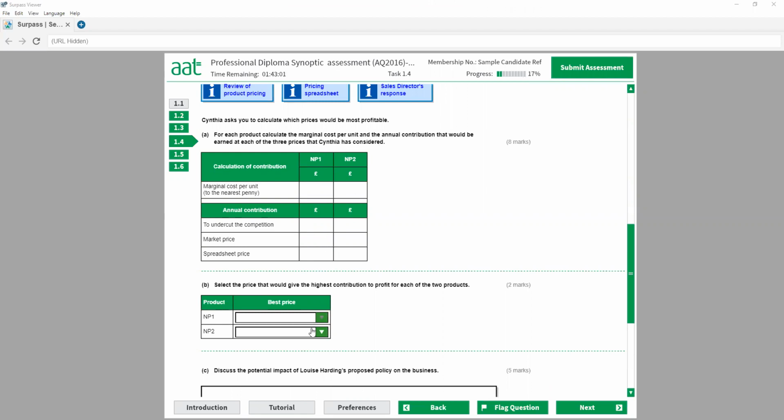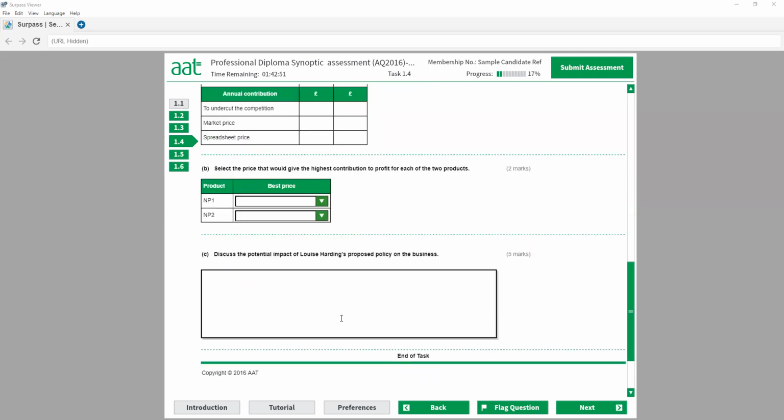After that, select the price that would give the highest contribution to profit for each of the two products. And after that, discuss the potential impact of Louis Harding's proposal on the pricing policy of the business, for 5 marks.